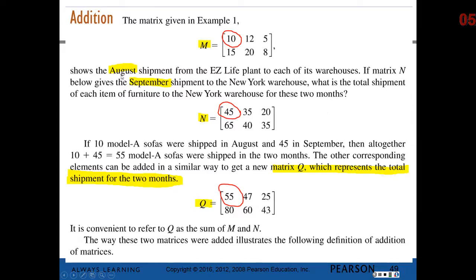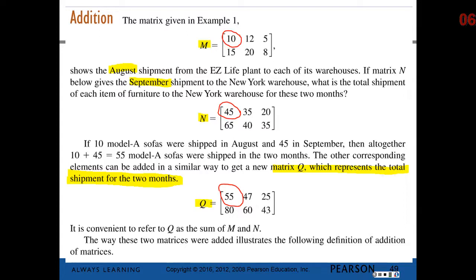Well, in matrix M, we have the value 10. So this is 10 Model A sofas added to, in the other matrix, 45 Model A sofas, which would give us 55 Model A sofas in matrix Q, and matrix Q represents the total shipment for both months.